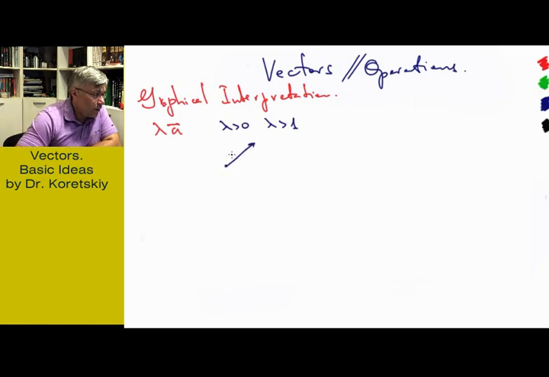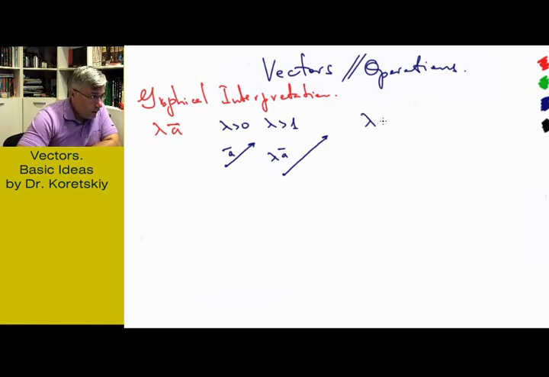So if vector a is this one vector a here, then lambda a is a new vector which has the same direction, but its length is different from the length of the a by the factor lambda. So here we have kind of a stretching of the vector.